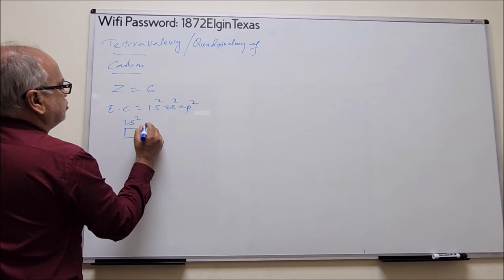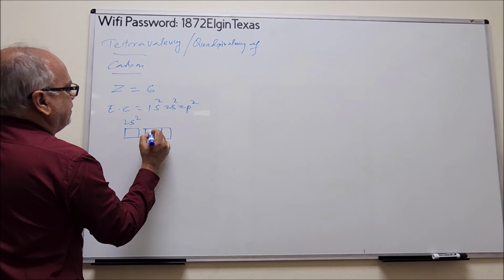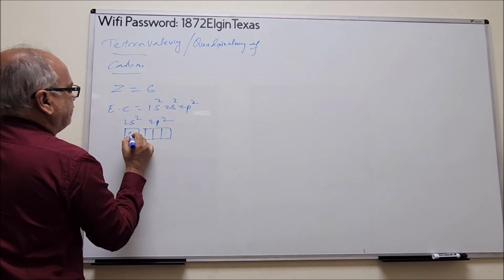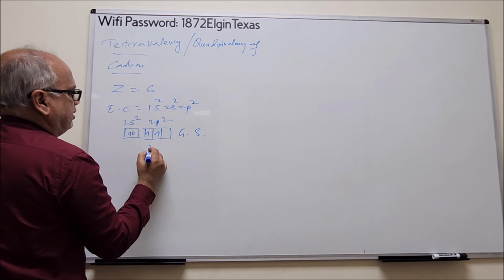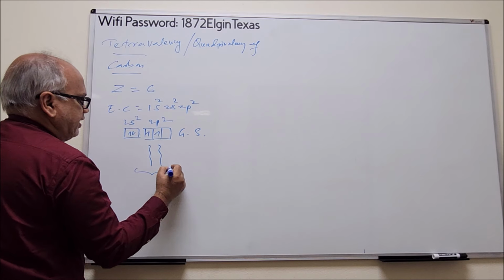So this is 2s2 configuration, this is 2p2 configuration. So it is ground state. In the ground state, it has a valency of 2.